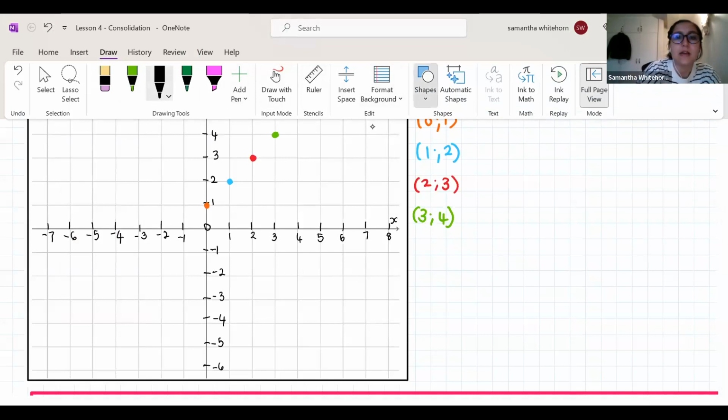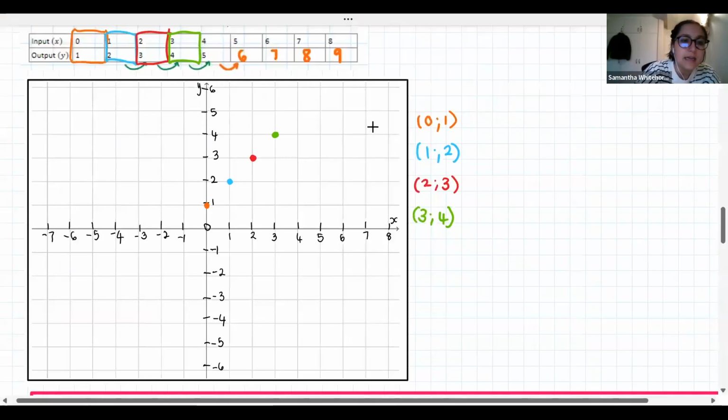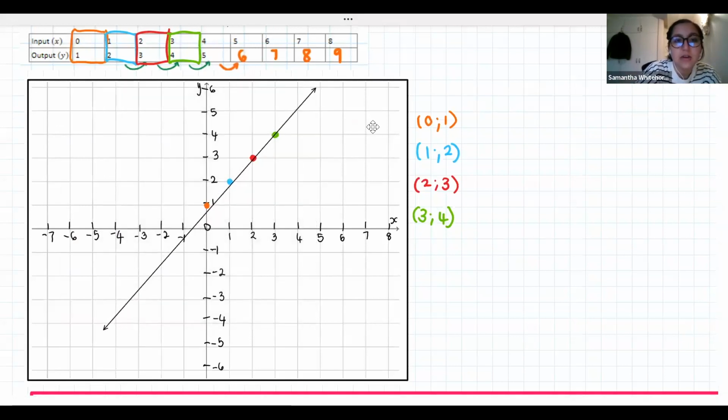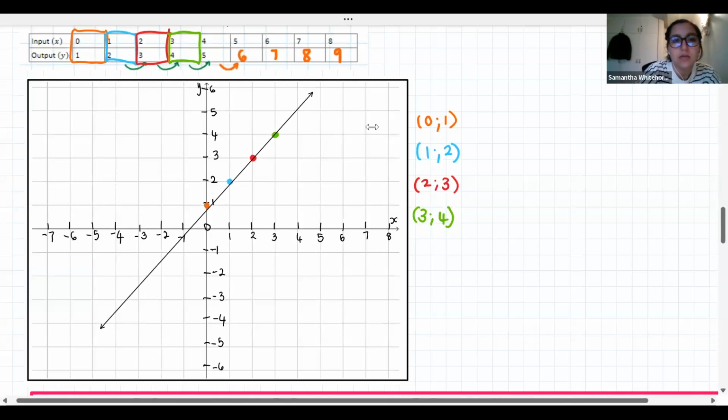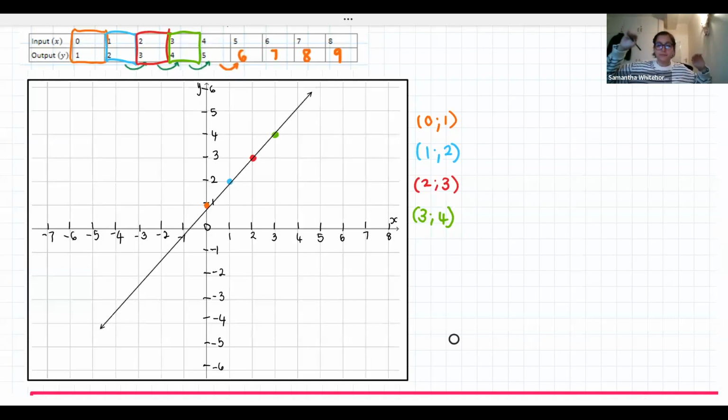And this is now where I add in my line. As I explained, the line has arrows on the end because it shows that this graph can just keep going.